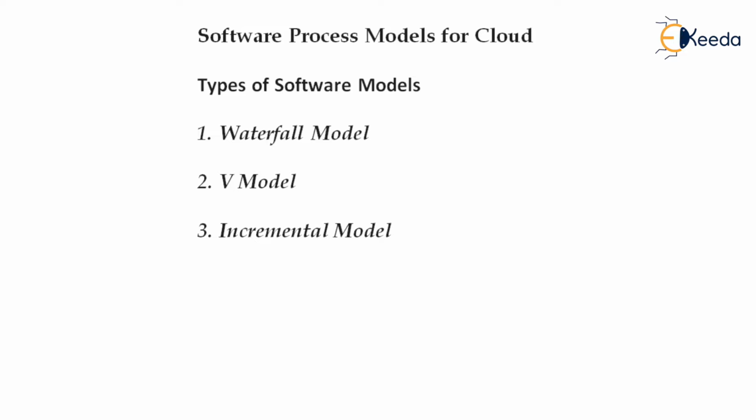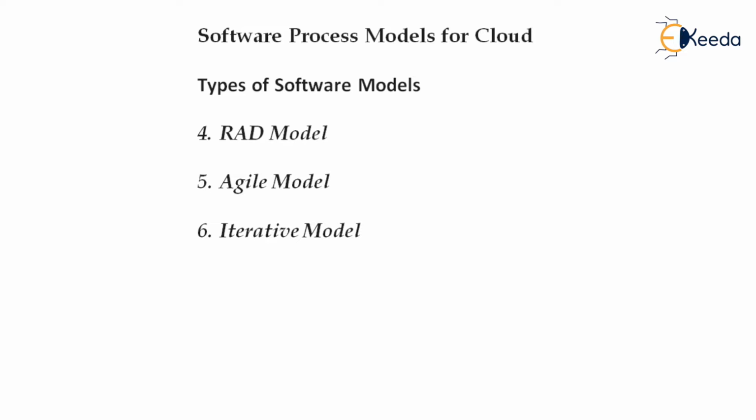Let's talk about another model, that is the RAD model, then the agile model or agile process, then the iterative model. Let's talk about the RAD model. In this RAD model, that is rapid application development.